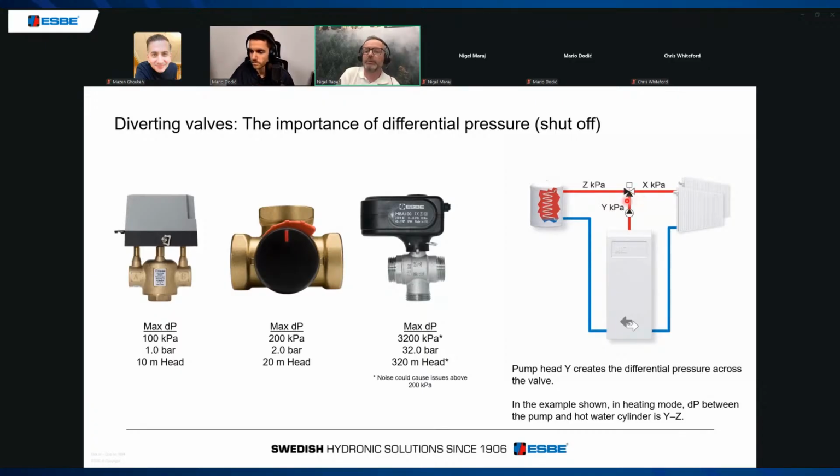So it would be outside the capability of some of the valves, and this is actually a decent value for a spring return valve. We see much lower figures on other manufacturers' spring return valves. So it's very important to understand these shut-off pressures to be compatible with certainly a heat pump system, which are running at much higher pressures.